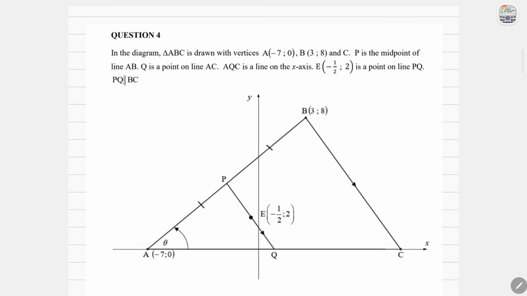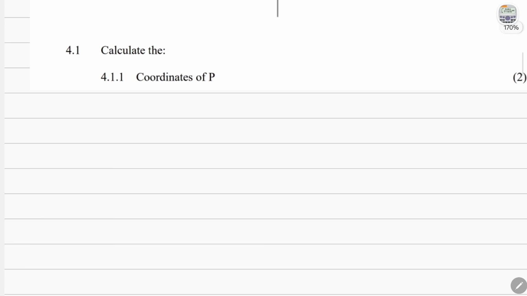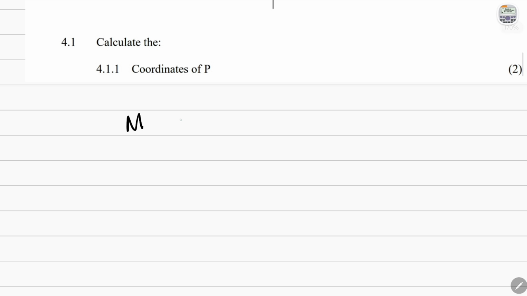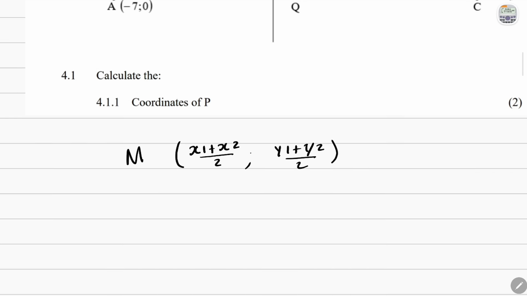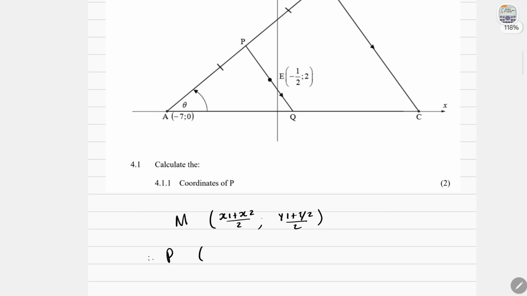So what did they tell us about P? They said P is the midpoint of AB. So we need our midpoint formula. We'll find the midpoint by saying x1 plus x2 divided by 2, and then y1 plus y2 divided by 2. And now for our point P, we'll just substitute those values.